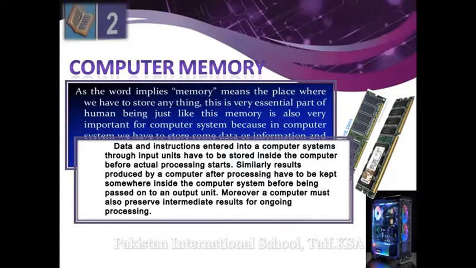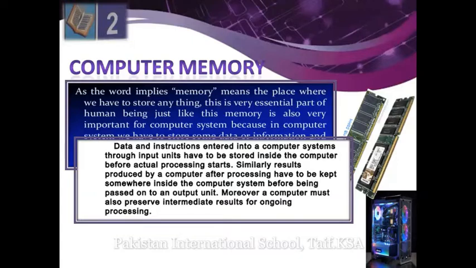Input has to be stored inside the computer before actual processing starts. Similarly, results produced by a computer after processing have to be kept somewhere inside the computer system before being passed on to an output unit. Moreover, a computer must also preserve intermediate results for ongoing processes.